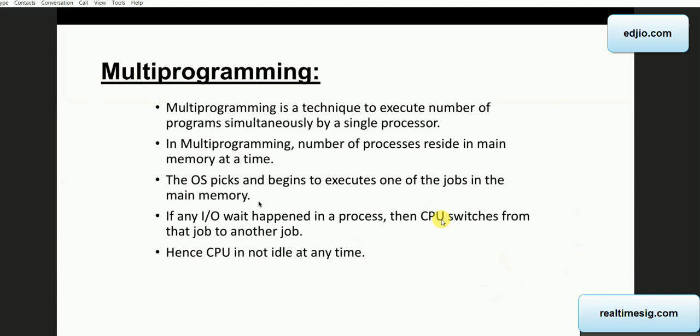I convert these 10 milliseconds into CPU cycles, and then I load the value into this register, and the register will continue to reduce by 1 for every clock tick. As soon as it becomes 0, the CPU itself will interrupt and then it will execute the scheduler.